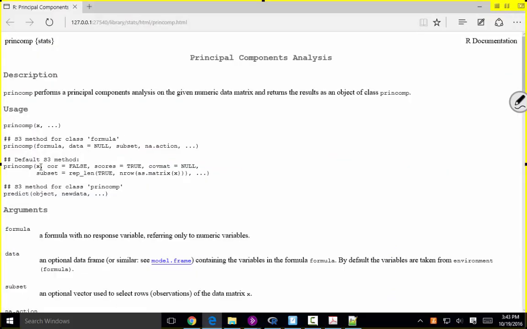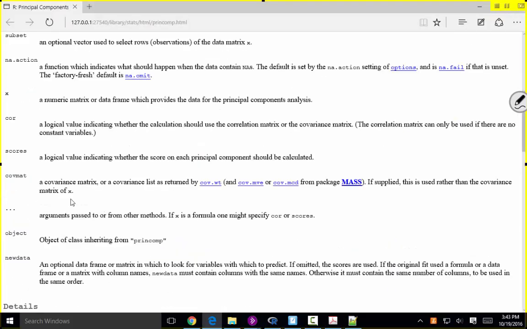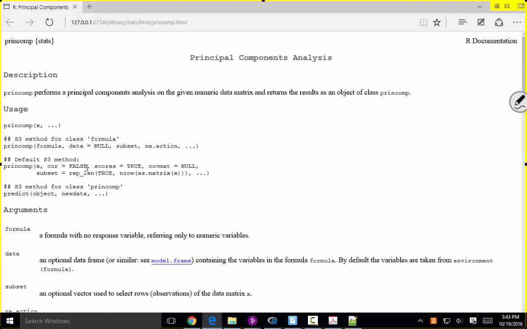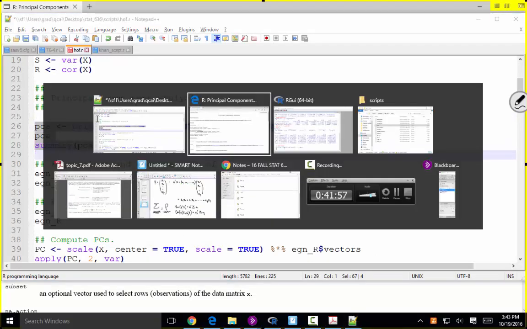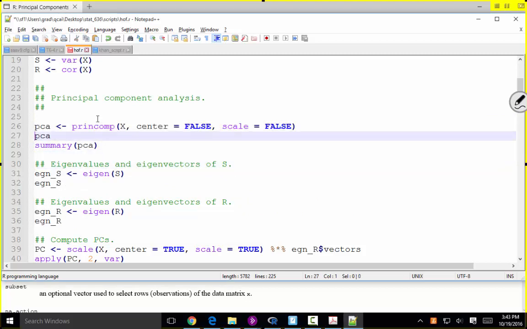Data. Okay. By default, it's not going to standardize. Standardization would mean use the correlation matrix instead of the covariance matrix. Let's see what we get when we do this. I don't need the center and scale.